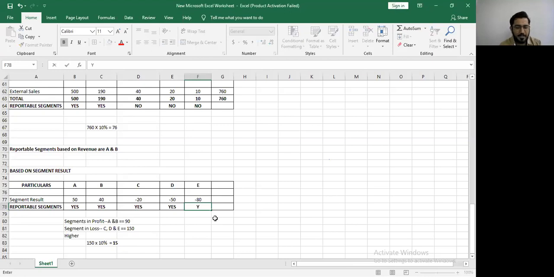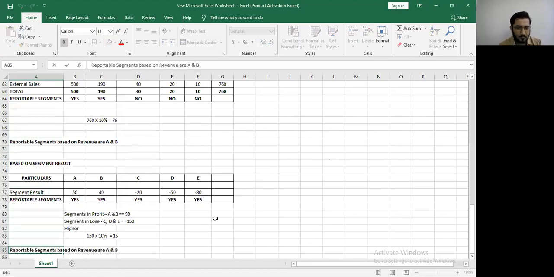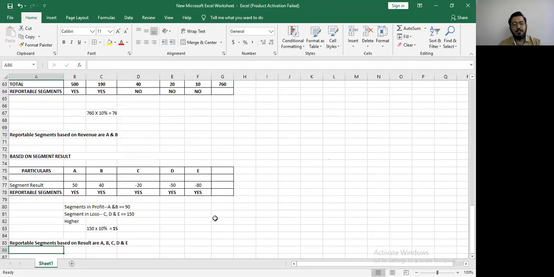Yes, of course, segment E will be reportable, which means your reportable segments based on result are A, B, C, D, and E. So your reportable segments based on segment result are A, B, C, D, and E. All segments are reportable.